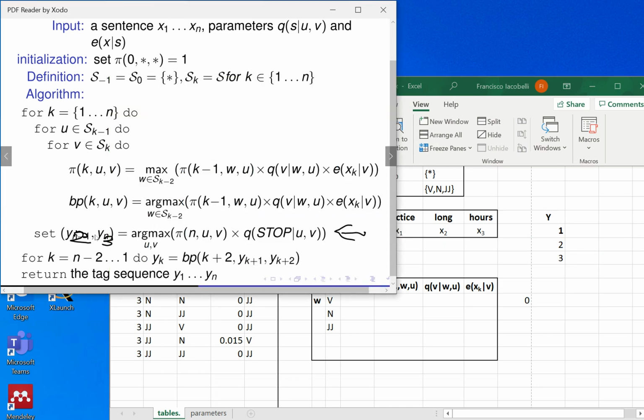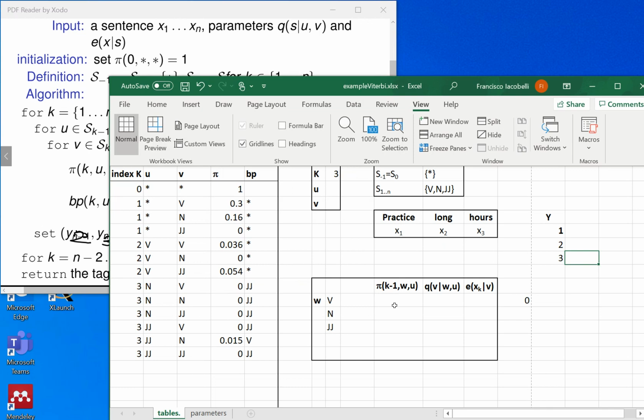So these two tags are going to be the two tags over u and v. I'm going to vary u and v, over all possible values of u and v, over my tags. And I'm going to look at pi of n, u, v times the probability of stop with u and v. So let's do that.